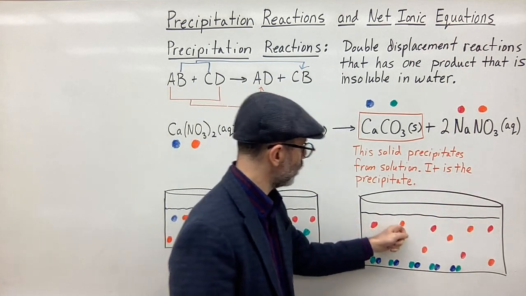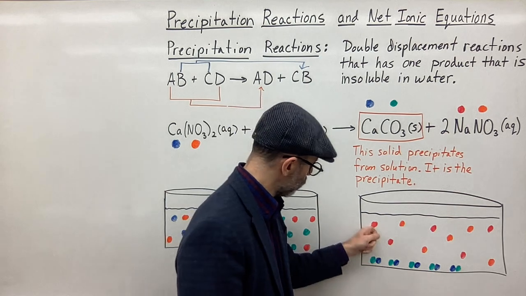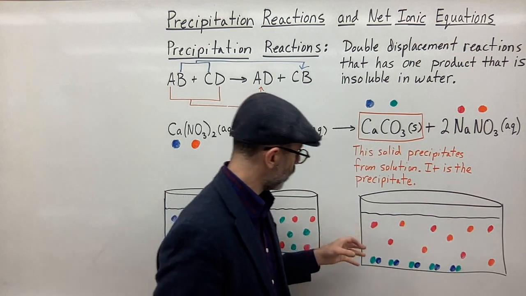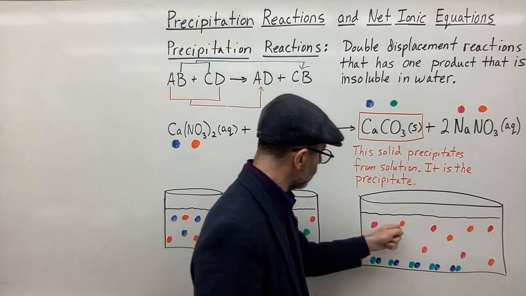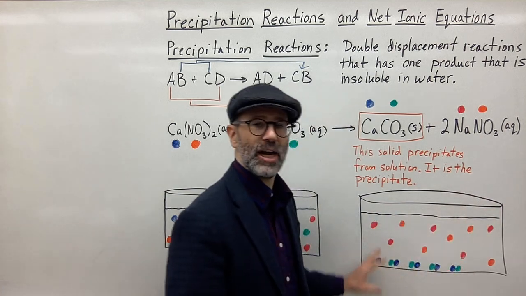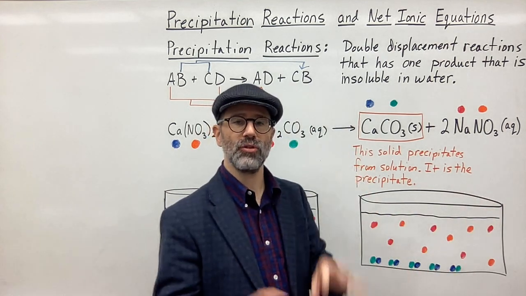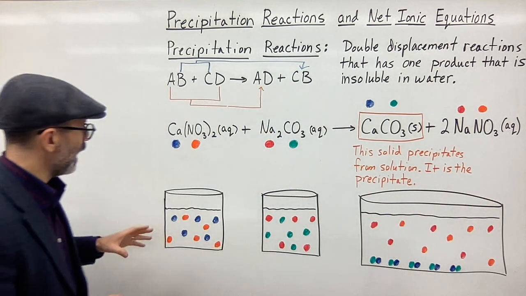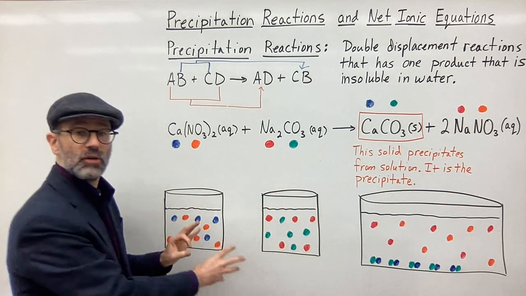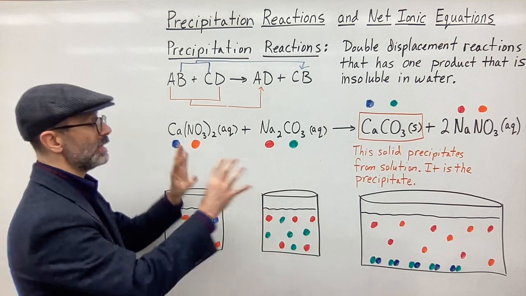So the red and the orange, so these are red, red, red, red, red, red. I know it might be hard to tell in the video, but this is orange, orange, orange, orange, orange, and they're not really interacting with each other. They're floating around in solution. So what I have over here is orange and red ions floating around in solution, really not doing anything. Then I mix them together.